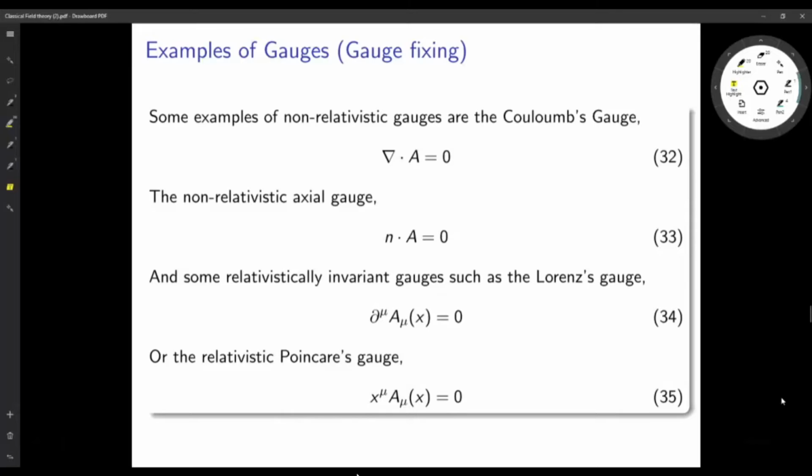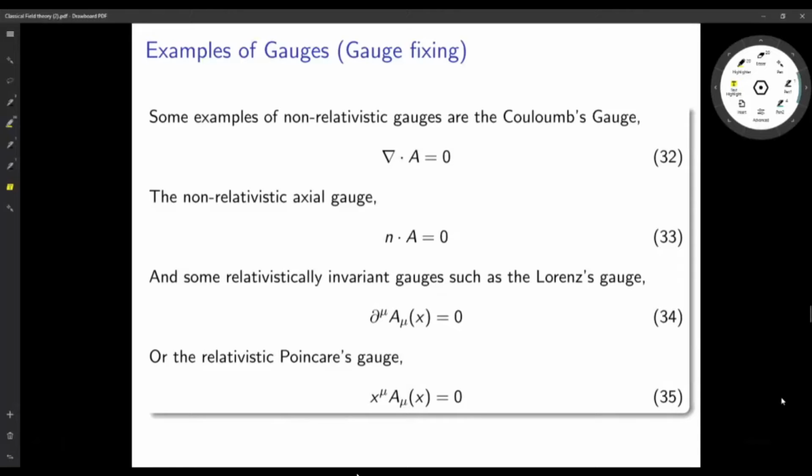And there are also some relativistically invariant gauges called the Lorentz gauge. I think we looked at the Lorentz gauge in Chinmaya's first lecture, where he neatly introduced us to ∂μ Aμ(x) equals 0, and then constructed the Lagrangian and all of that from it. And equation number 35 is called the relativistic Poincare gauge.